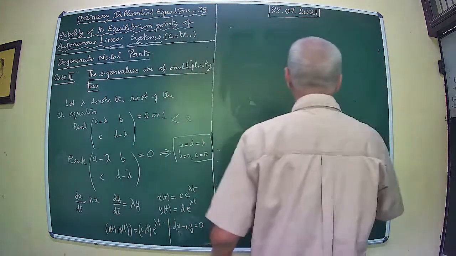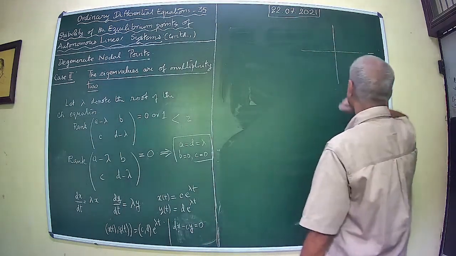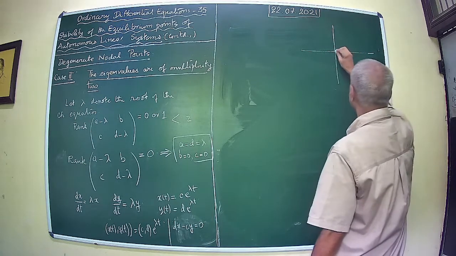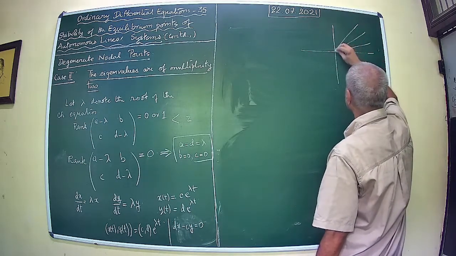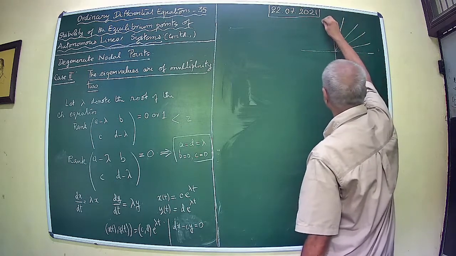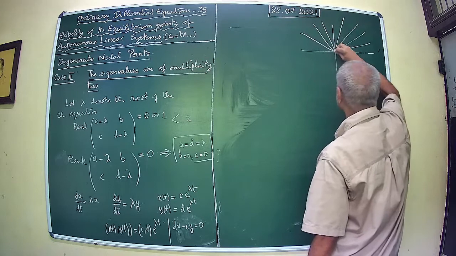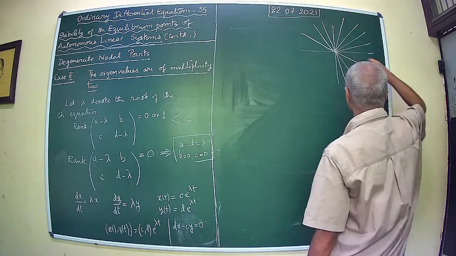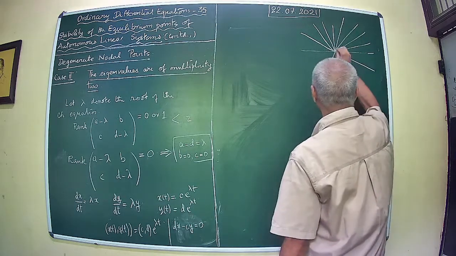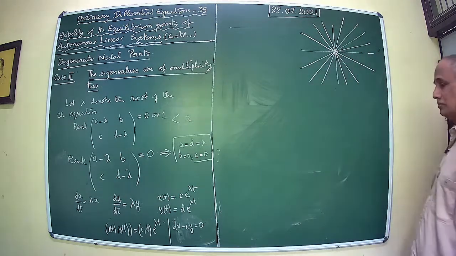If you draw the characteristic curves, they are going to be all radial lines, x equal to ky or y equal to kx. All radial lines will come.